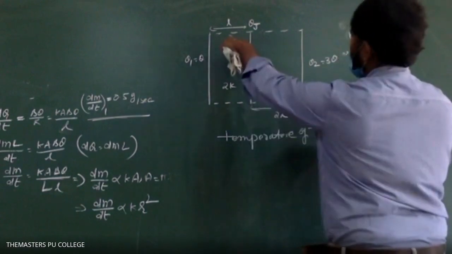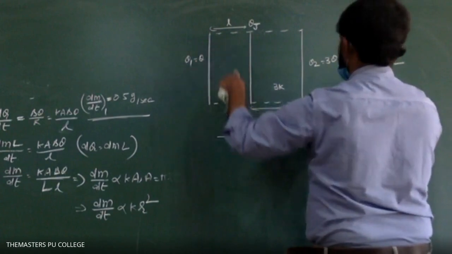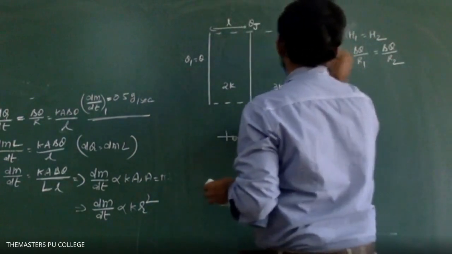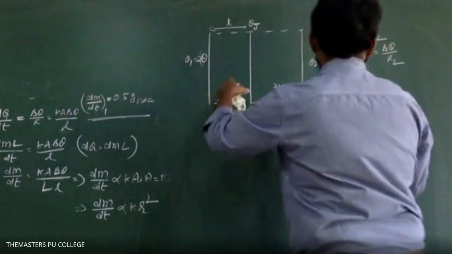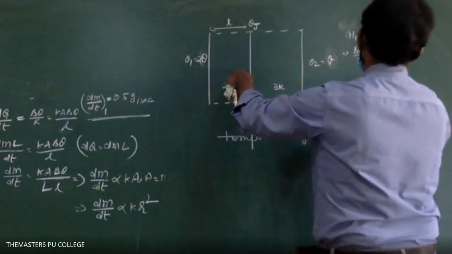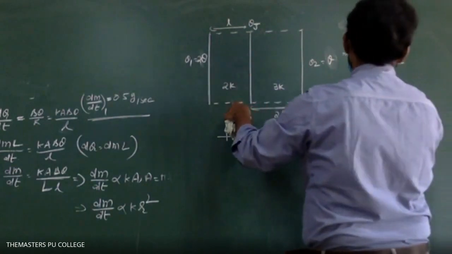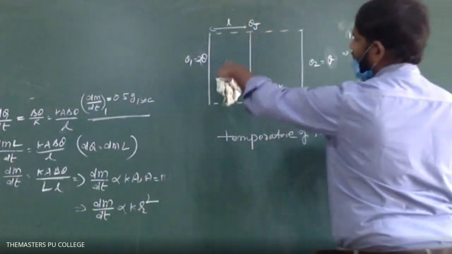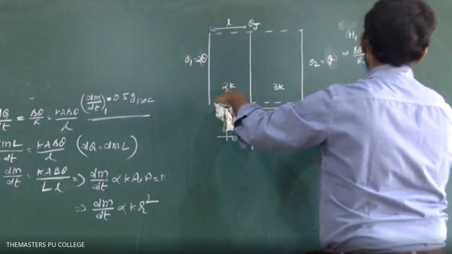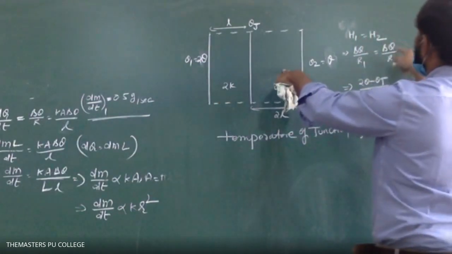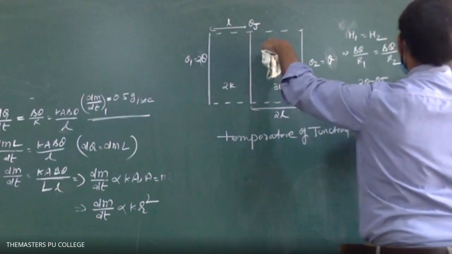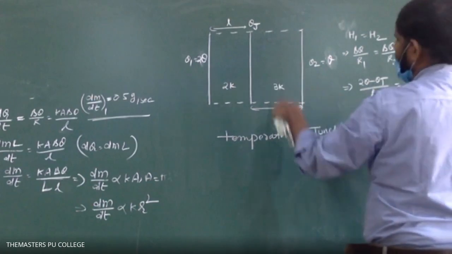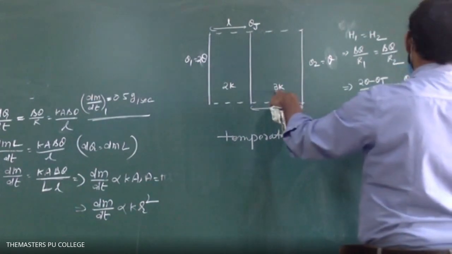Delta theta means the temperature difference across the first one, which is 2 theta minus theta j, divided by R1, meaning L upon the area of cross section A times the thermal conductivity 2K, which equals the delta theta of the second rod, theta j minus theta, divided by L upon 3KA.